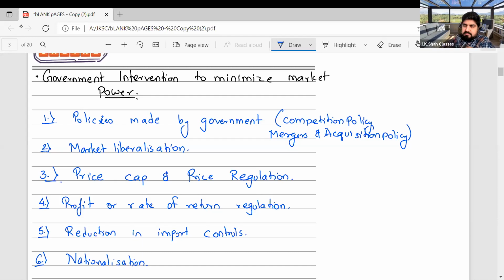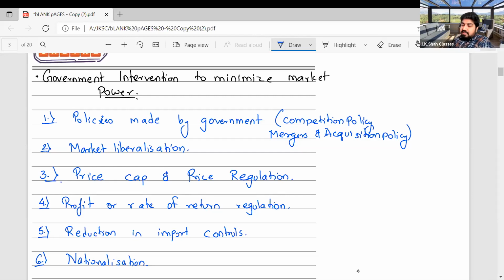Nationalization. Now, what is nationalization? Government will take it over.